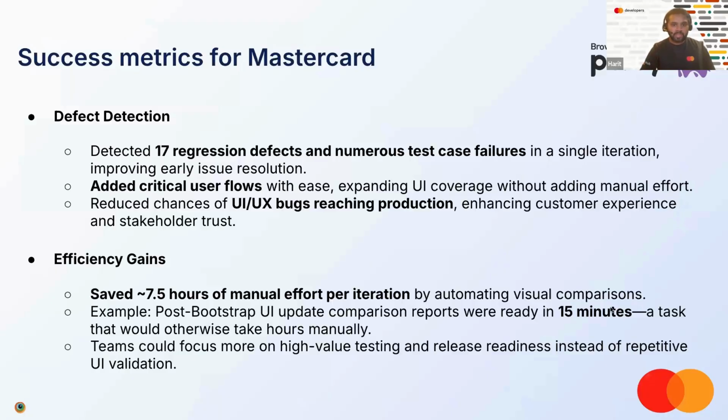Just coming to the success metrics. First, defect detection: in one iteration alone, we were able to catch six regression defects with multiple test case failures. We also expanded visual coverage across critical user flows with zero manual effort. I will emphasize the effort we are putting in now. Let's say we encounter one particular flow that is breaking.